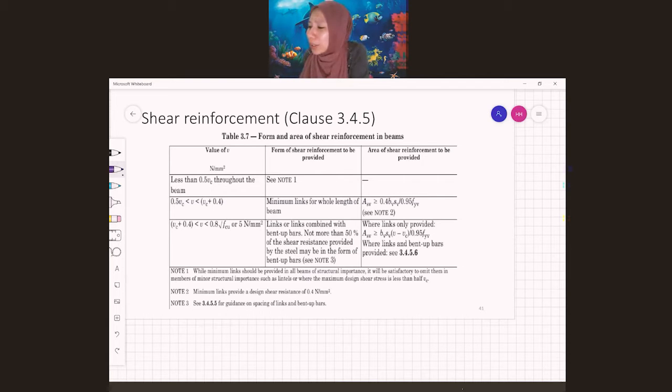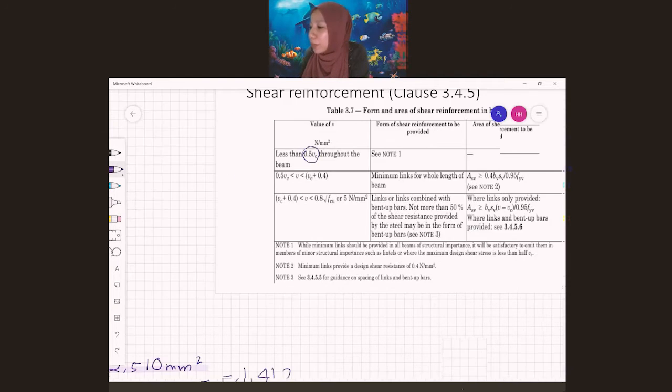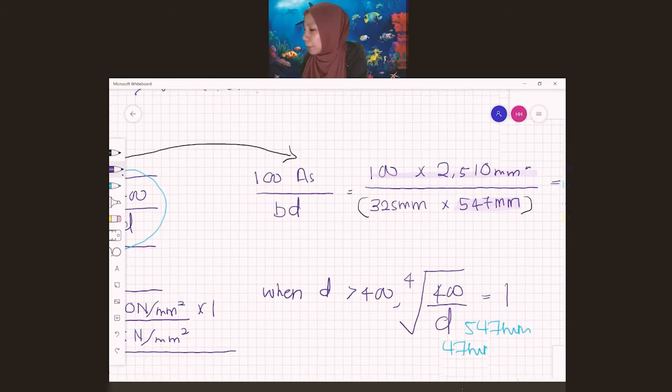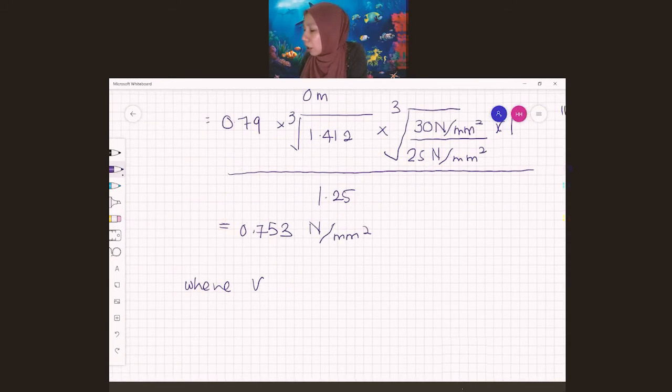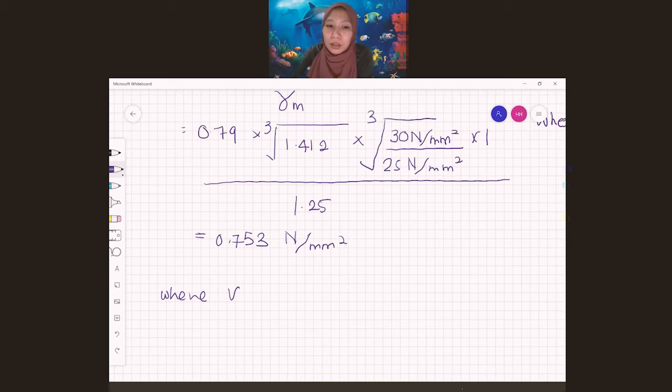Okay, so kita kena compare, tengok value of V kita, which is shear stress kita at cross section tu, kita kena compare dengan first kali 0.5 VC. Okay, compare dengan 0.5 VC first. Okay, so where V kita memang lebih besar daripada 0.5 VC.